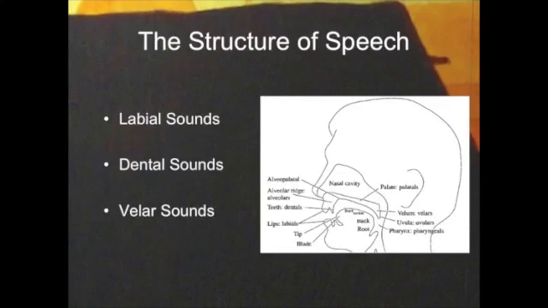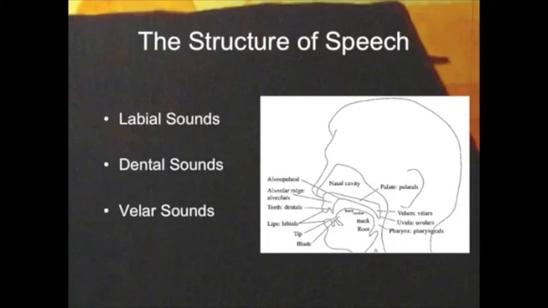The second group of sounds I'd like to just highlight briefly here are dental sounds. Dental sounds involve the upper teeth as a passive articulator, or something that's getting in the way. The active articulator may be either the tongue tip or usually a blade of the tongue, the edge of the tongue, for example. A good example of a dental sound is a TH sound.